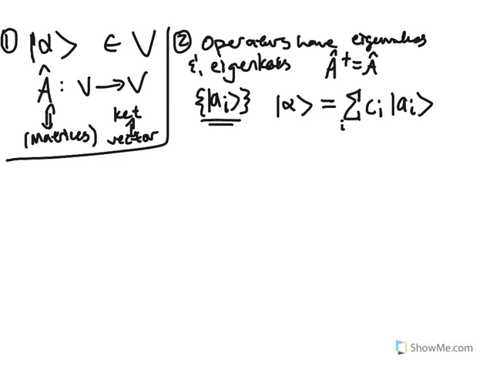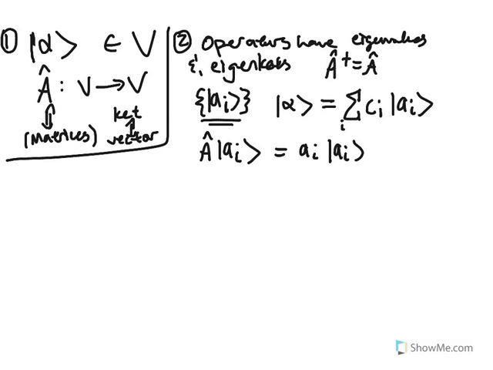And it's an eigenbasis specifically because if you take an operator and apply it to a vector, then the thing that you're going to get back is actually just a scaling of your original eigenvector, a_i.